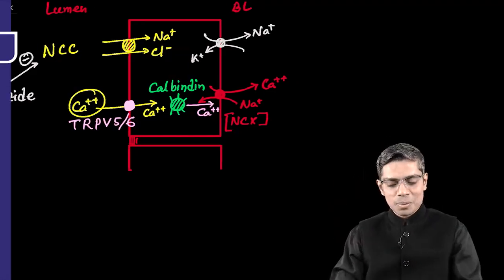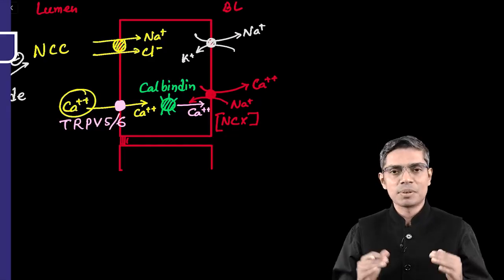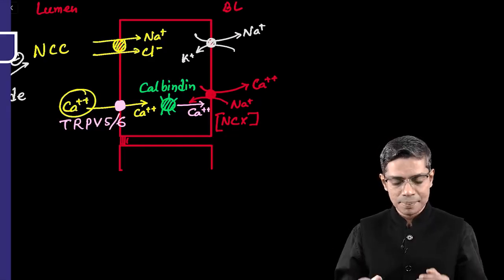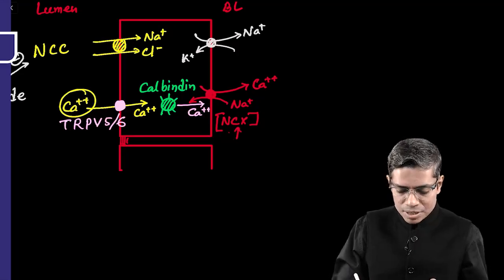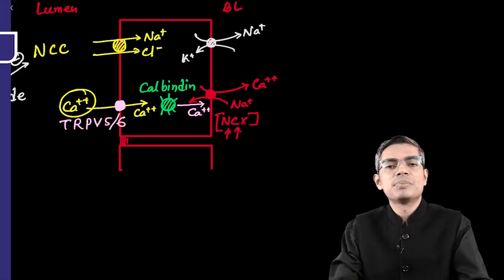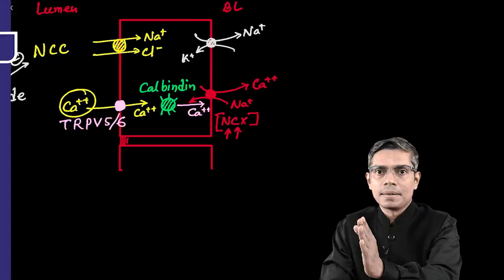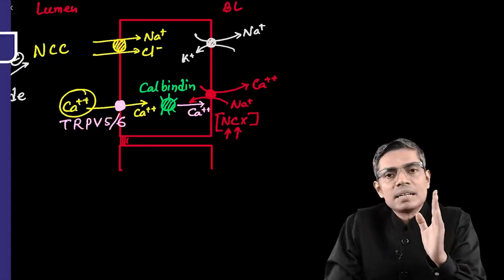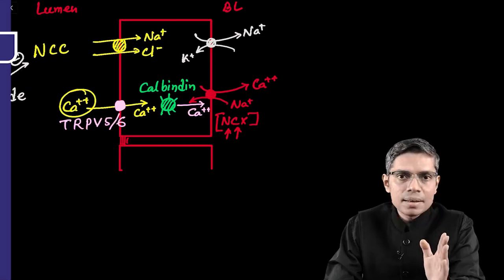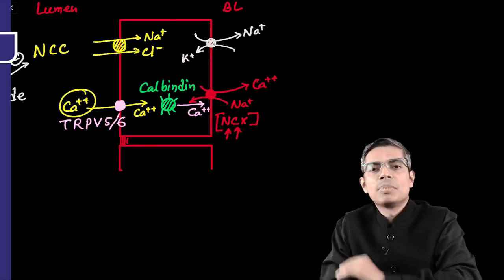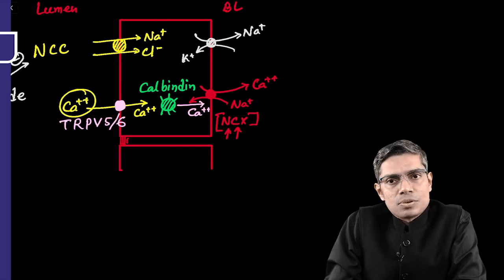Now you look at the whole process of calcium reabsorption from DCT, the active reabsorption of calcium. NCX is a secondary active transporter. That's why the calcium reabsorption is active. From the lumen to cell, that is the TRPV5 and TRPV6, from the cell cytoplasm to blood, that is NCX, sodium calcium exchanger, right?